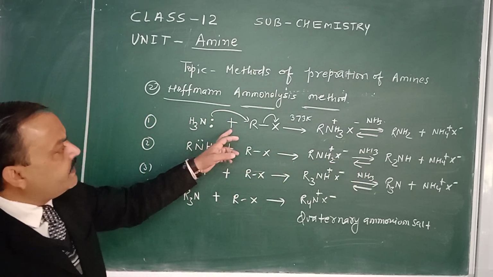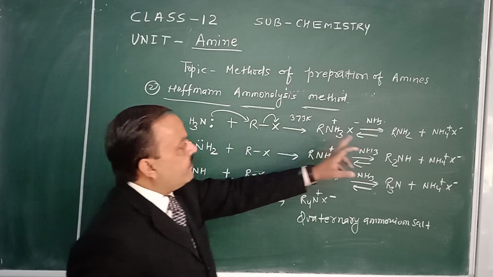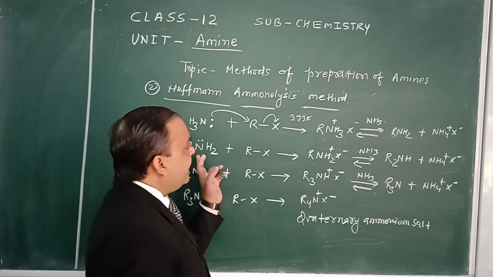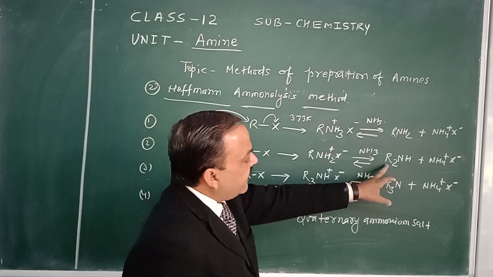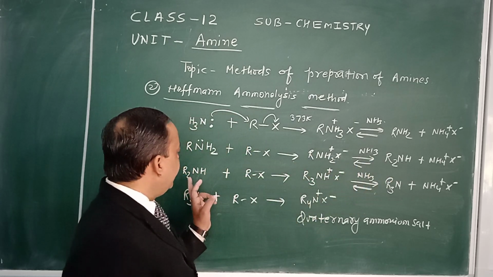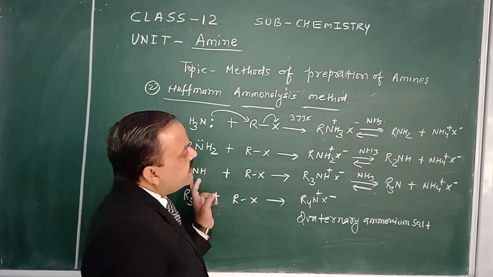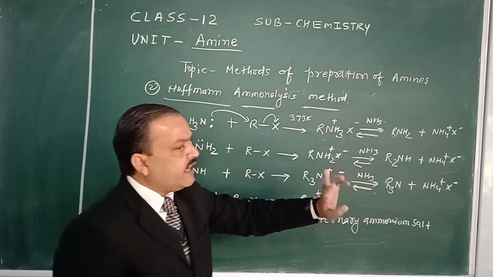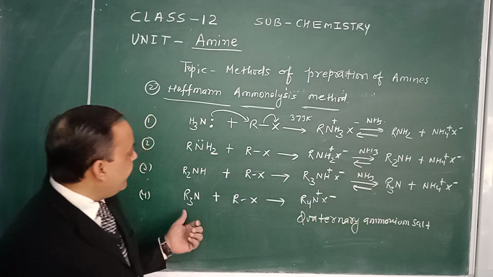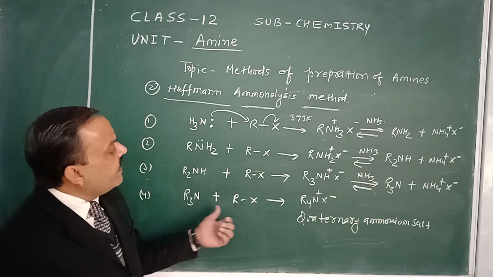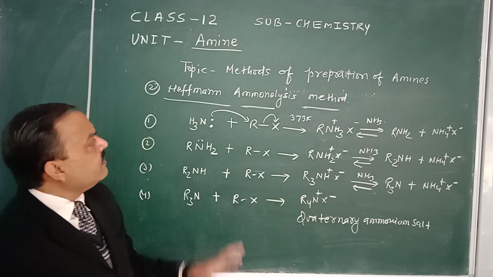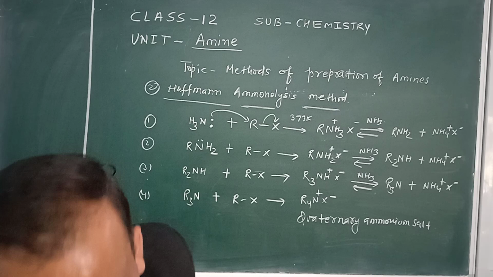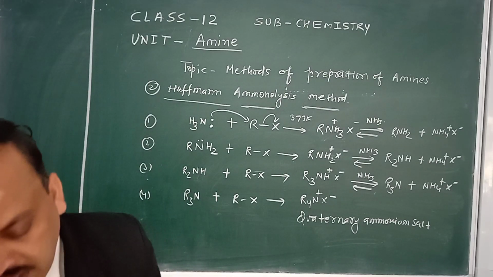In the first step we get the primary amine. Continuing with the primary amine, we get the secondary. Then in the third step, using the secondary amine as reactant, we get the tertiary amine, and at the last, when we react the tertiary amine, we get the quaternary ammonium salt. So this is the second preparation method.